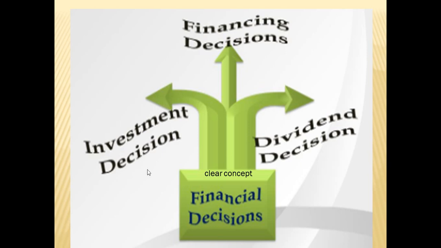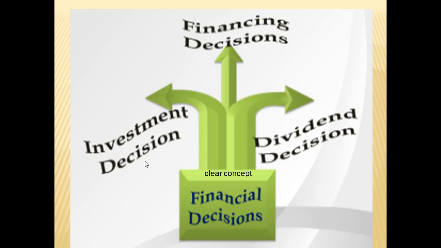The investment decision relates to how the firm's funds are invested in different assets. Investment decisions can be long-term investment decisions, also called capital budgeting decisions. These decisions involve investment in fixed assets which has long-term implications.